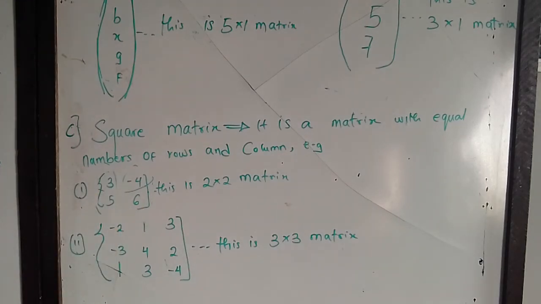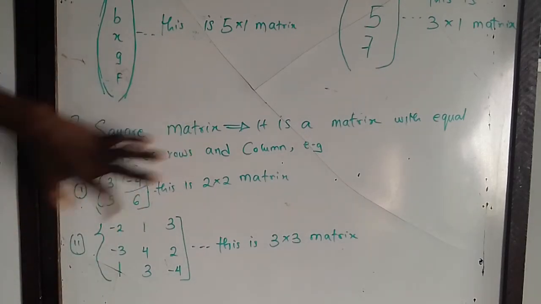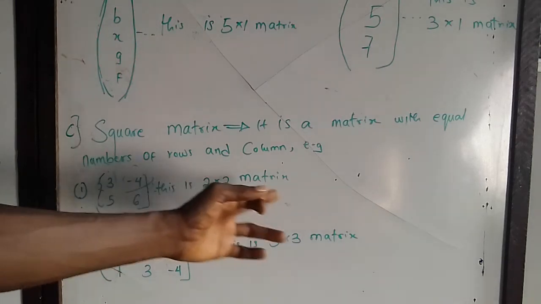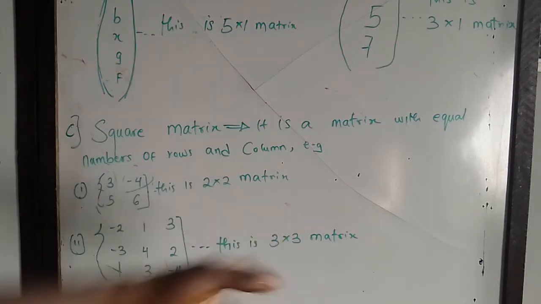We are going to have the same number of columns and the same number of rows. That is why we have a 2 by 2 matrix, then a 3 by 3 matrix.